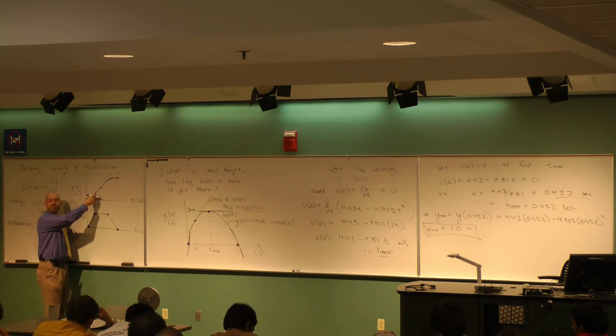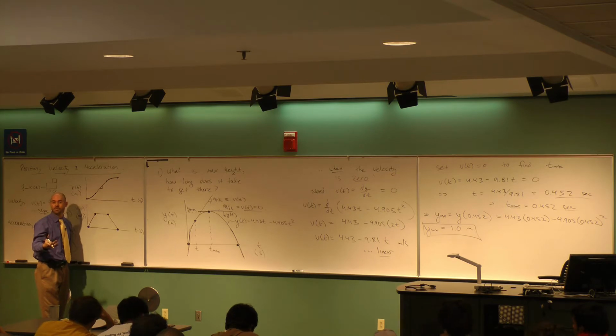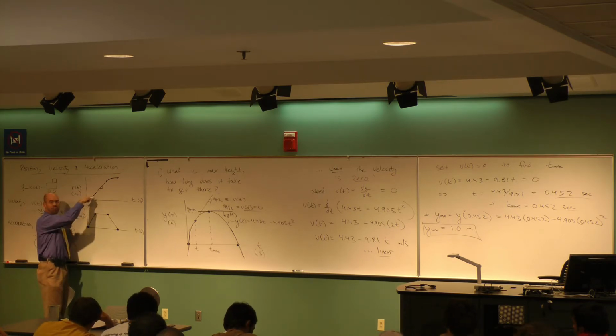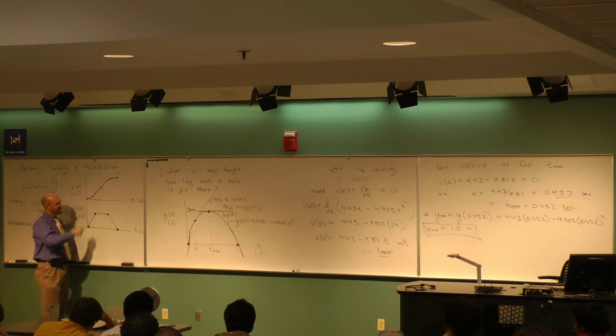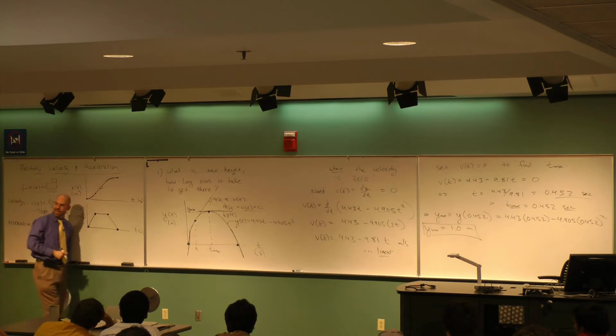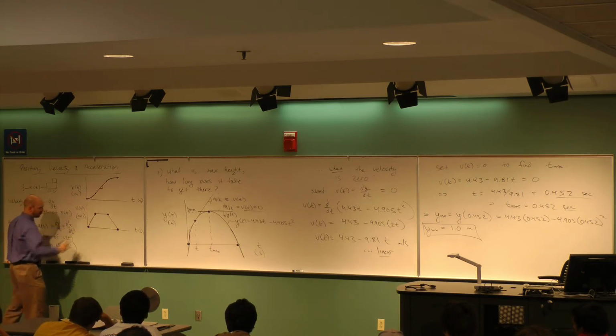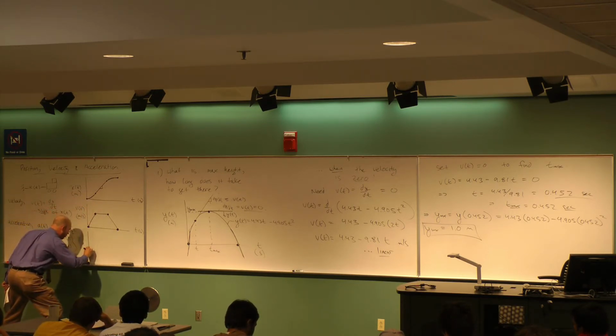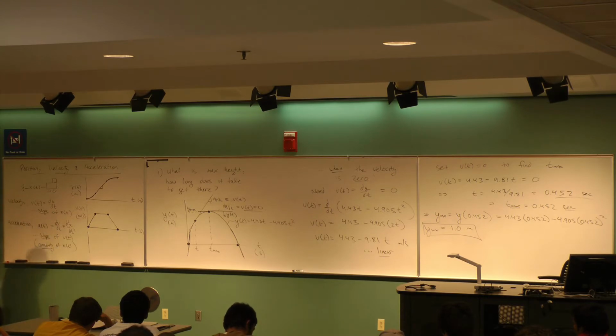If I see the position, I can know what the acceleration might have to be. This part over here is what? Concave up or down? This is concave up. This one's concave down, right? Or I can look just at the slope. So what would an acceleration look like that would correspond to this? Well, acceleration is the slope of v.